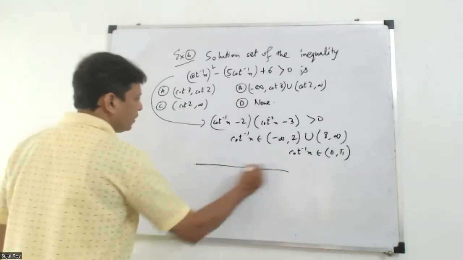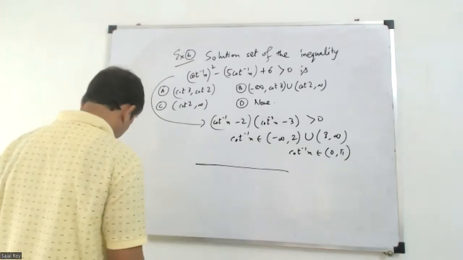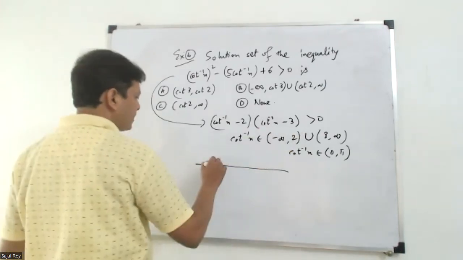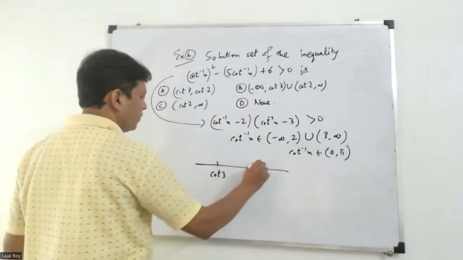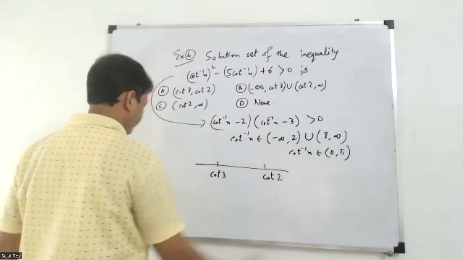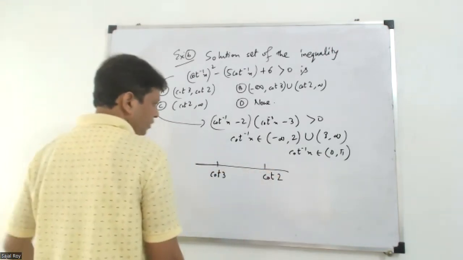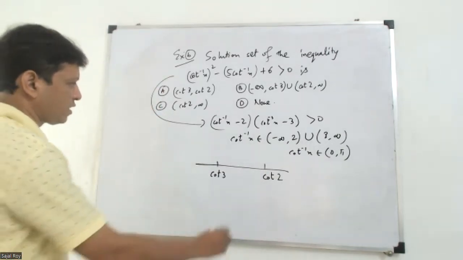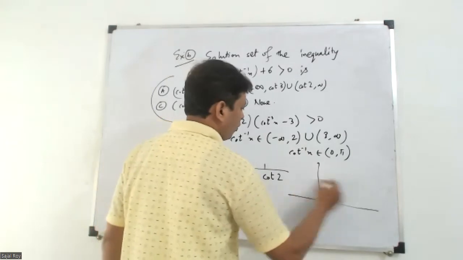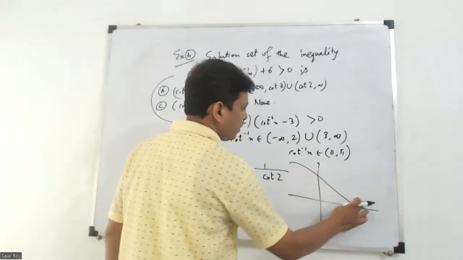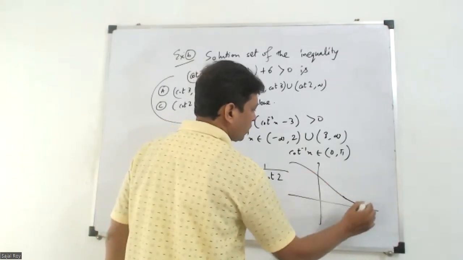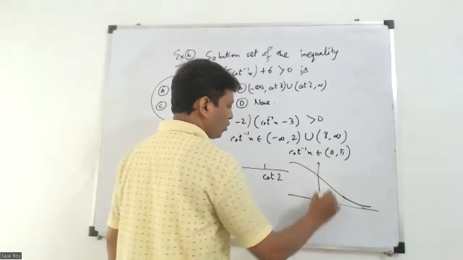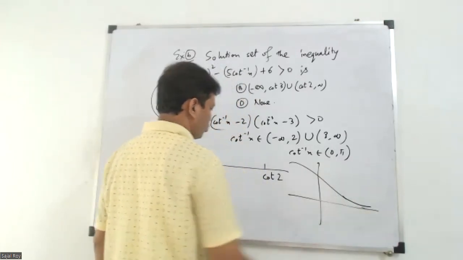And this is decreasing. So cot 3 is less than cot 2, because cot inverse x is a decreasing function. If you draw the graph for cot inverse x, this will be it.